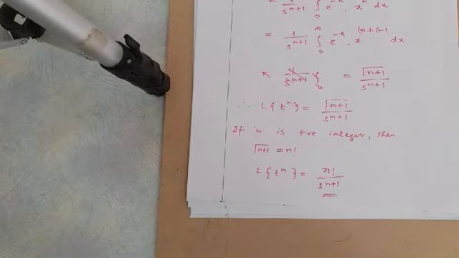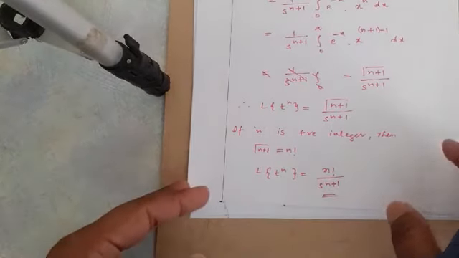So these elementary functions are enough for doing the problems. Whatever problems will be given, let us do that. Now I am doing problems based on examples. I am showing you the example based on piecewise continuous now.